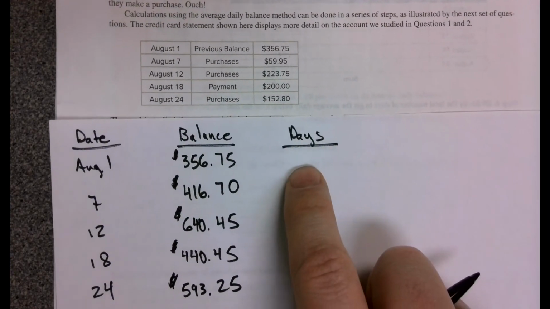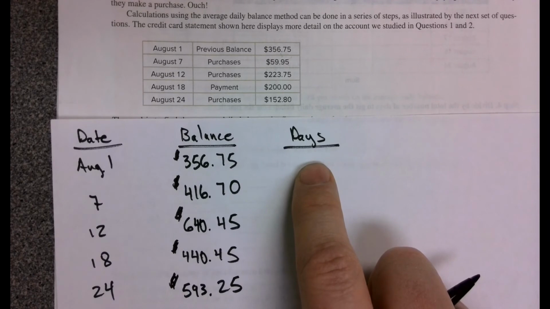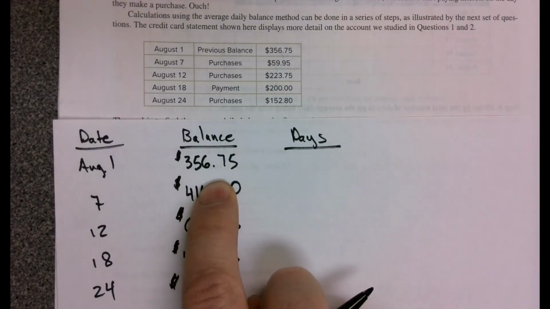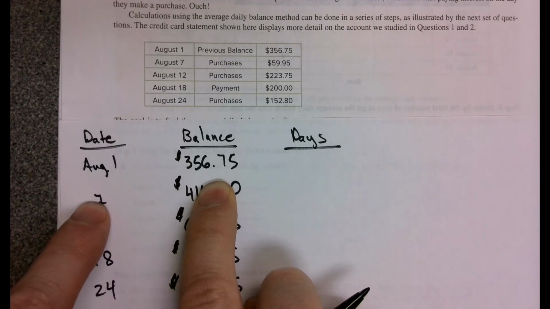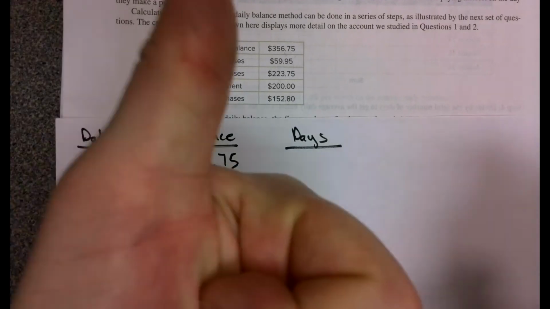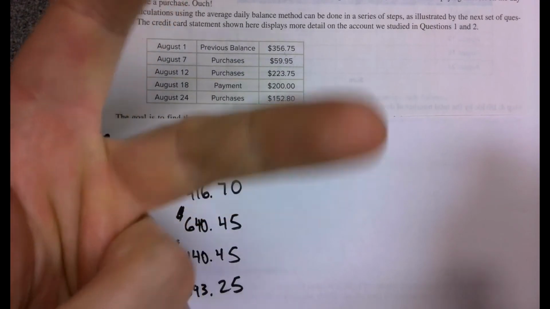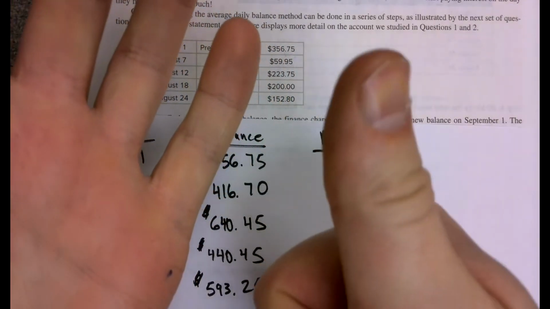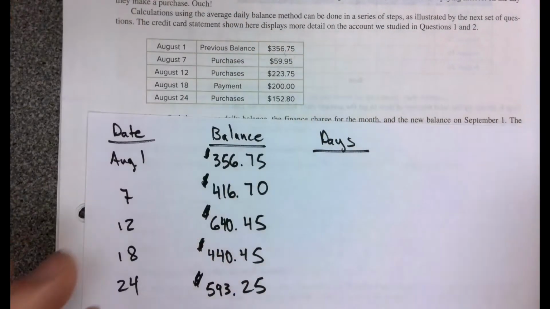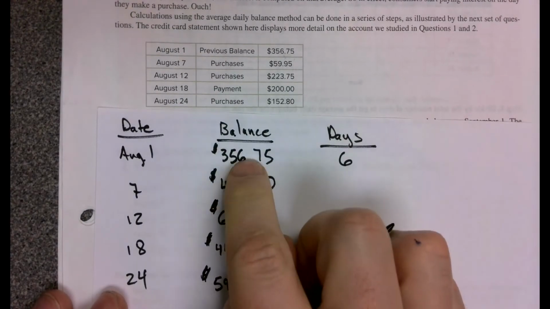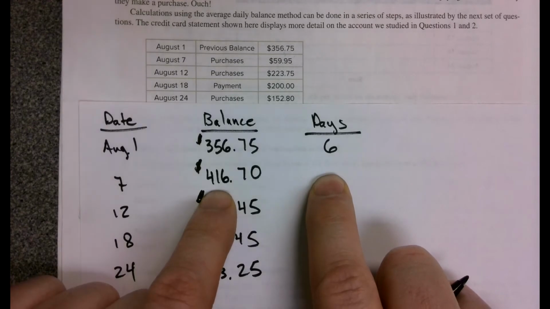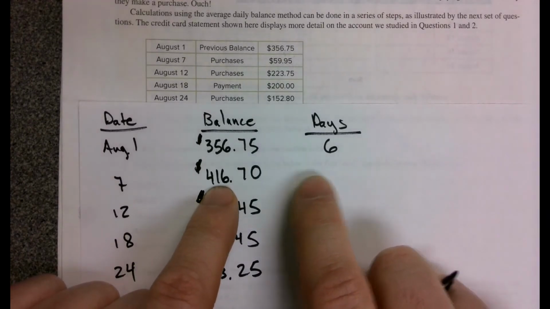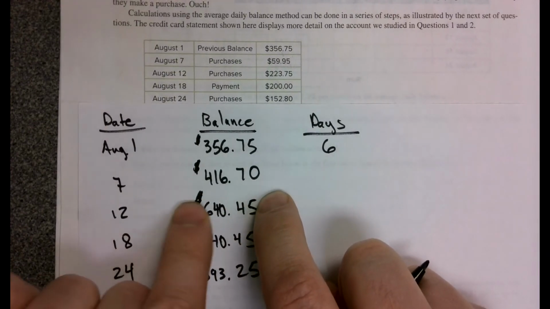Now what we need to figure out is for how many days was the balance $356.75. So we could count from August 1st to August 7th, how many days happened. So the 1st, the 2nd, the 3rd, the 4th, the 5th, the 6th. So for 6 days, it was this balance. And then on August 7th, it became this balance when we made the purchase. So then we're going to count from the 7th to the 12th how many days are happening here.